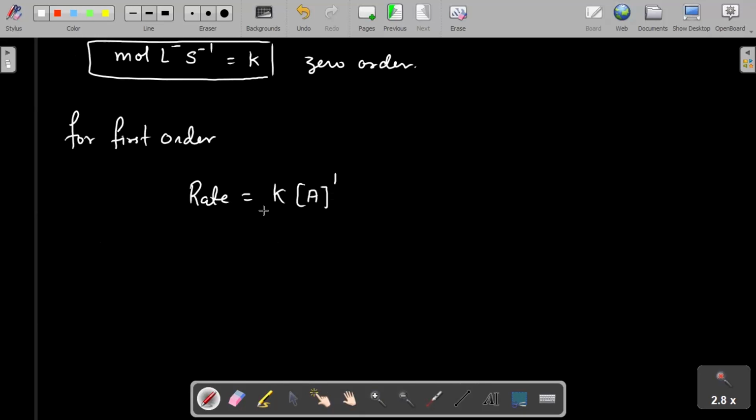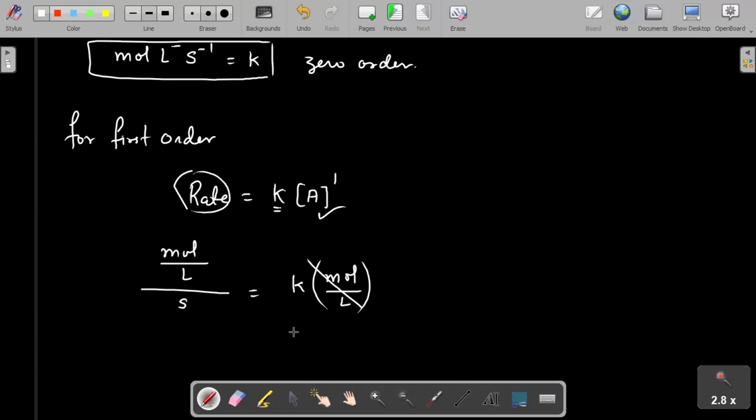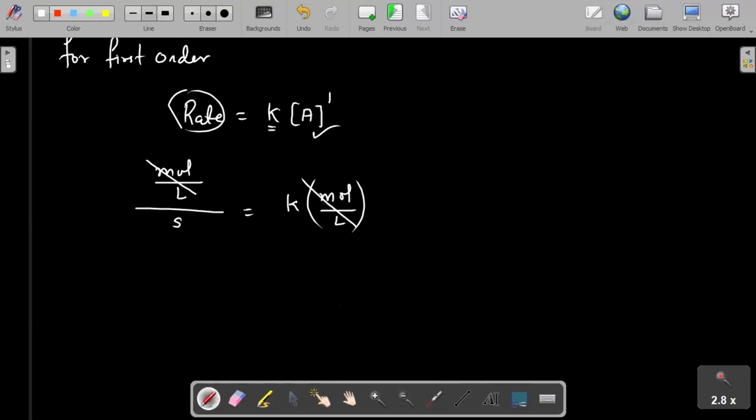The rate is again concentration per unit time, that is moles per liter per second, and the concentration of A is moles per liter. So moles per liter here and moles per liter there get cancelled out, and you get the unit of K as second inverse.